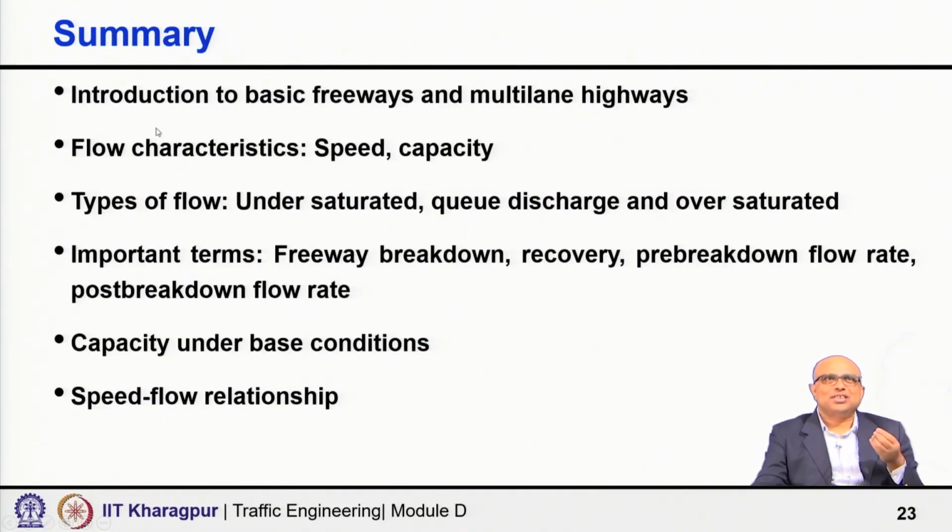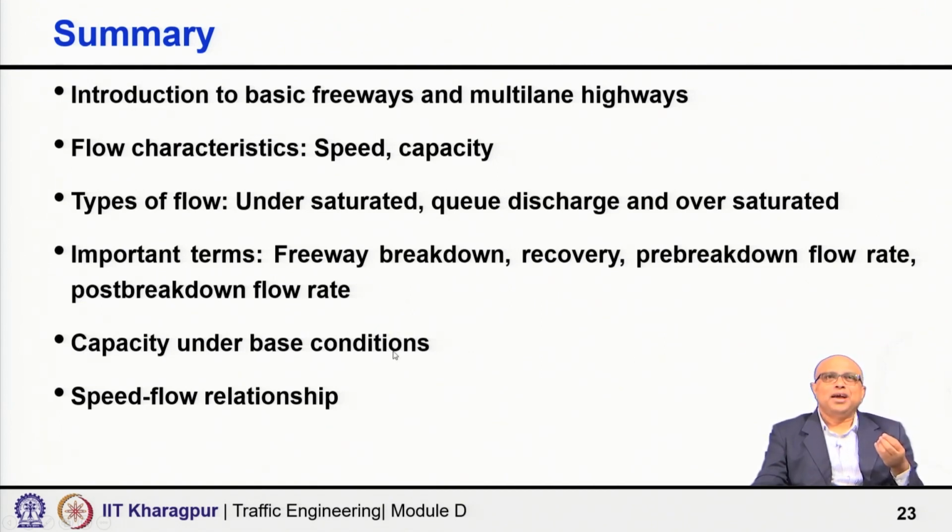So, what we discussed here is that we introduced the basic freeway and multi-lane highway segments, the characteristics, the assumptions, the flow characteristics, the speed and capacity also. The types of flow I indicated were undersaturated, queue discharge and oversaturated, and some important terms like freeway breakdown, recovery, pre-breakdown flow rate, and post-breakdown flow rate.